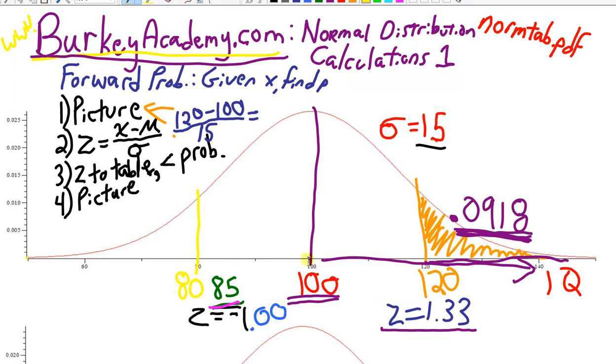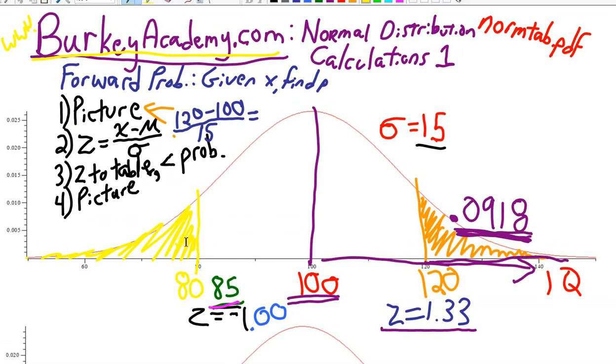Why 80? Well, 120 is 20 above the mean, and 80 is 20 below the mean. And so this area over here has got to be the same as this area over here. It looks like it's the same shape, just kind of flipped.